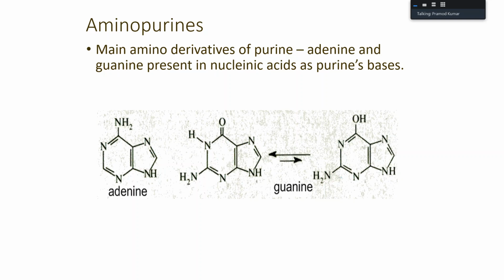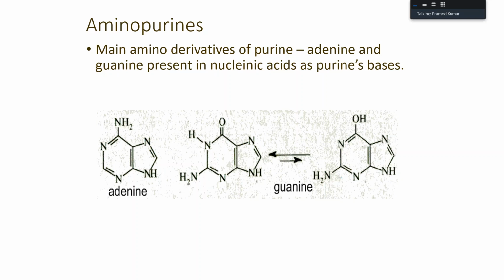6-amino purine is nothing but adenine. 6-oxo purine is nothing but your guanine, which are the basic purine bases of your nucleic acids. You have to remember these structures, because they will repeatedly come up in your medicinal chemistry.